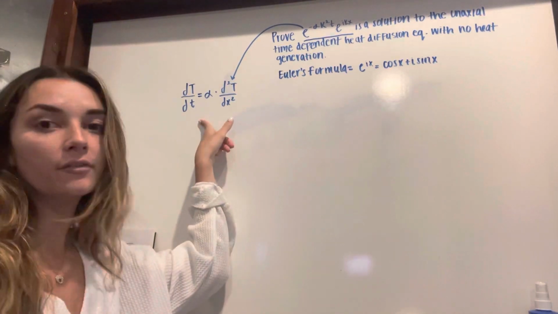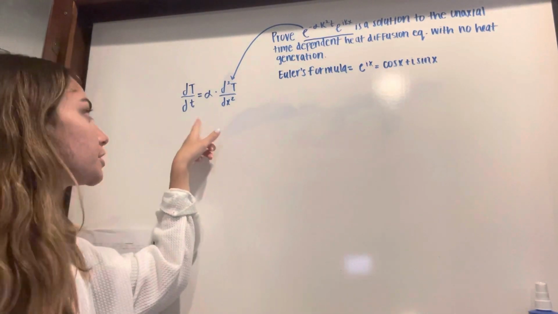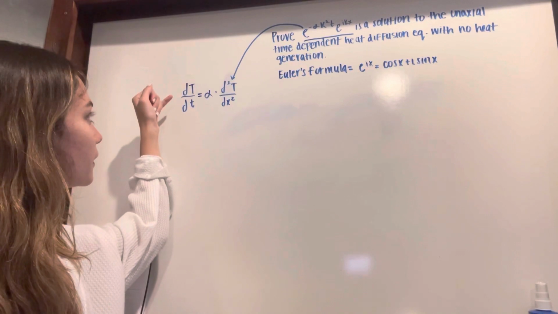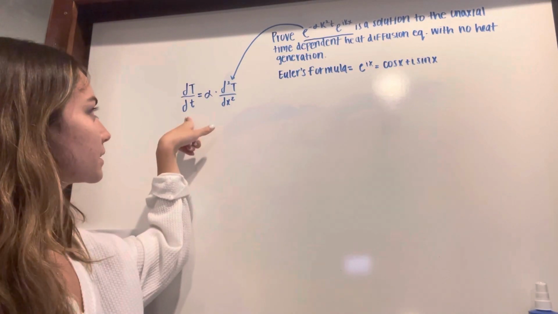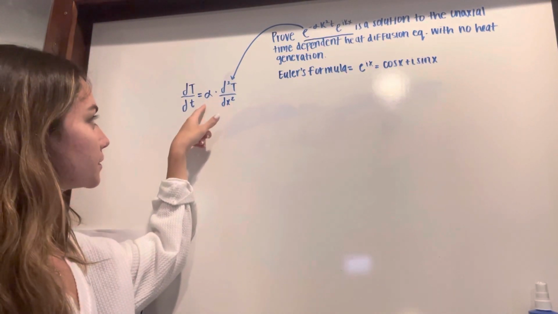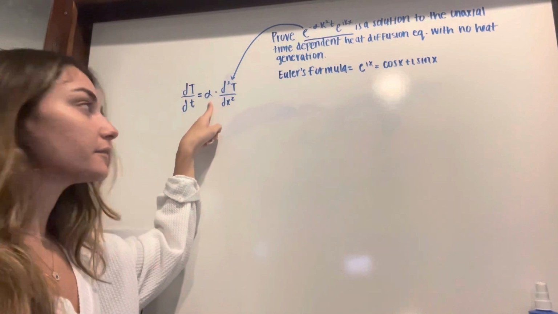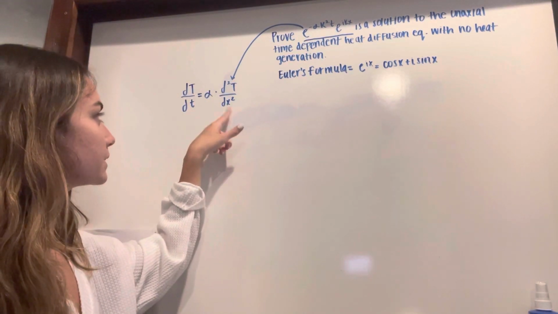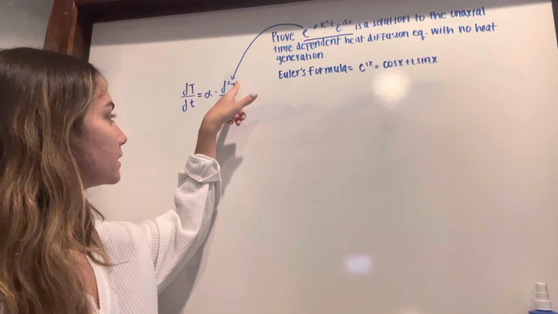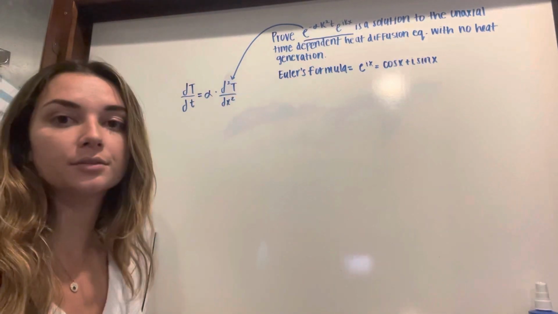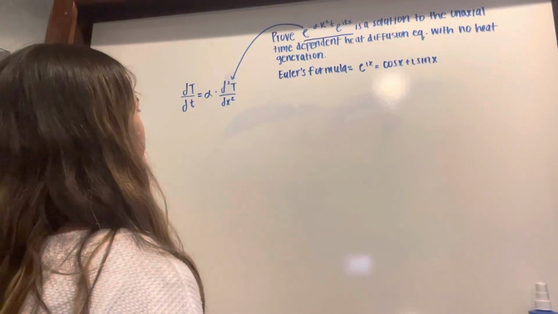Over here we have the partial derivative of our temperature with respect to time is equal to the thermal diffusivity times the second derivative of our temperature with respect to position.